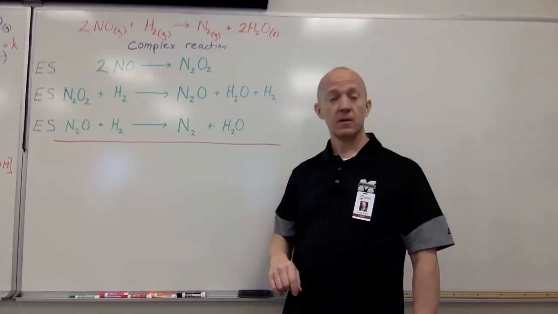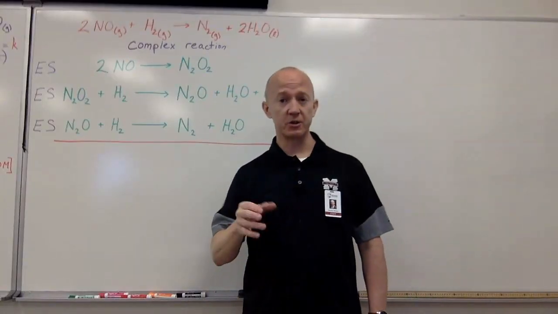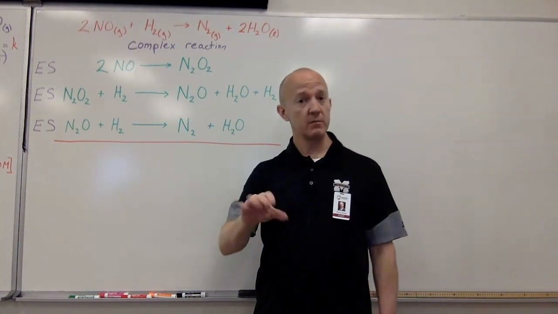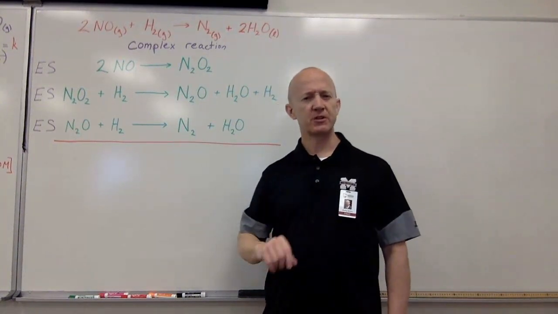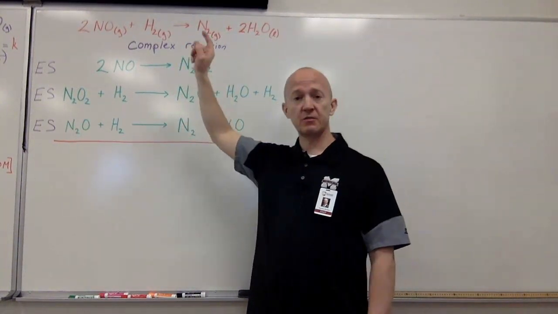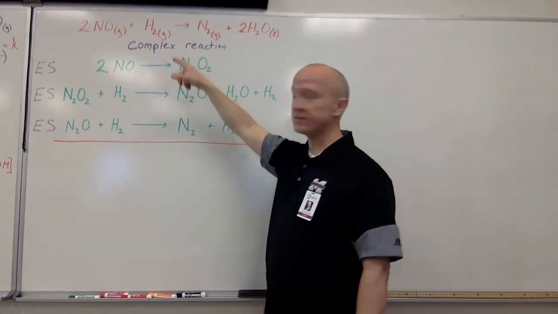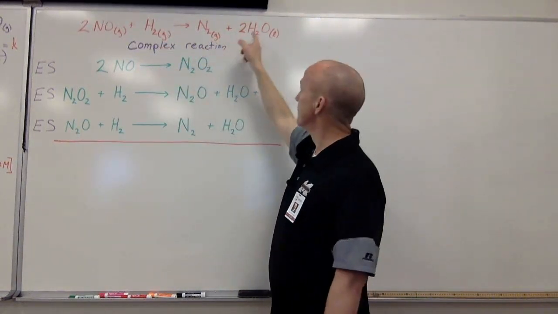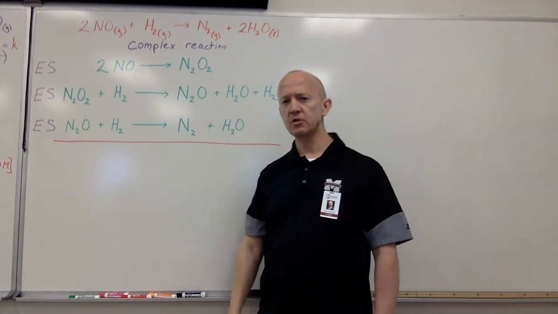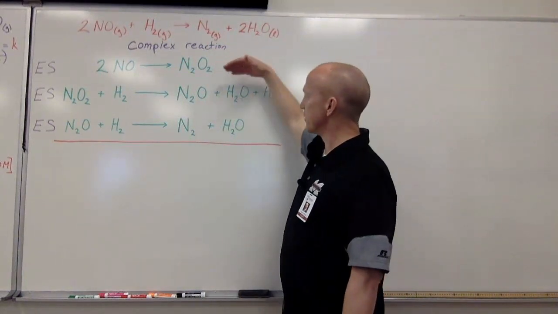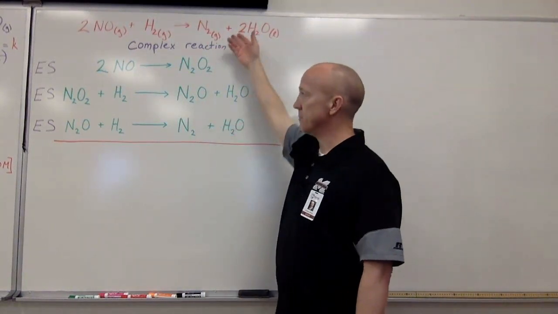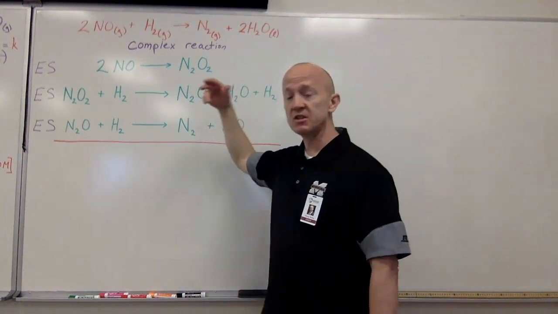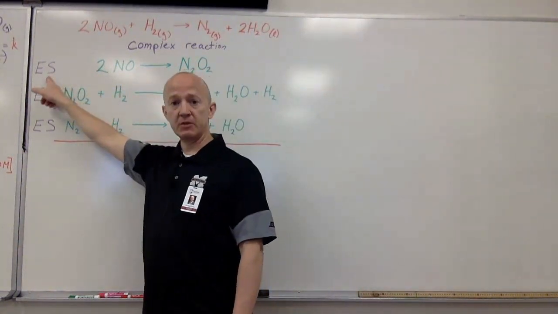You get it? Most chemical reactions actually occur in a series of steps. Not just one, but a few. Let's take, for example, this reaction. The reaction of nitric oxide, hydrogen gas, to give us nitrogen gas and water. You'll see that there are a series of steps that occur to make this happen. Each of these steps are known as elementary steps.